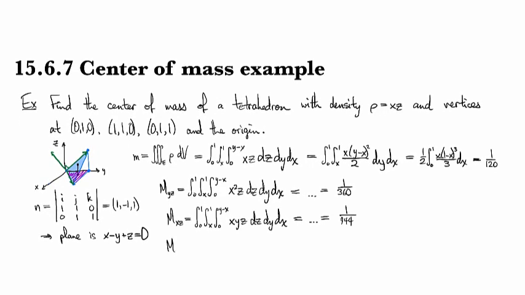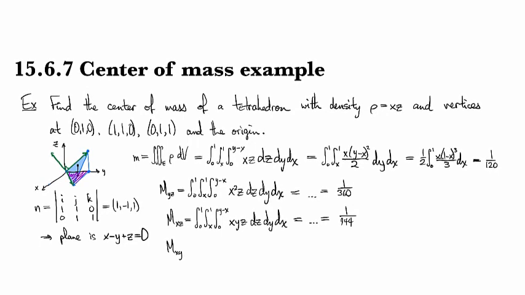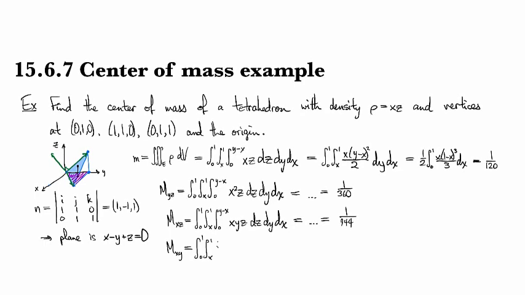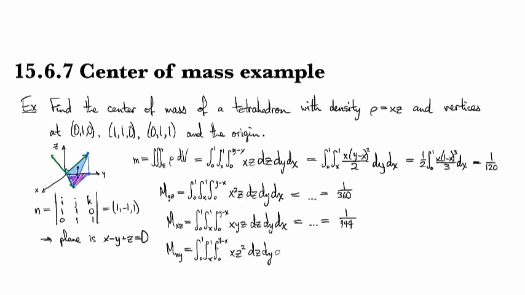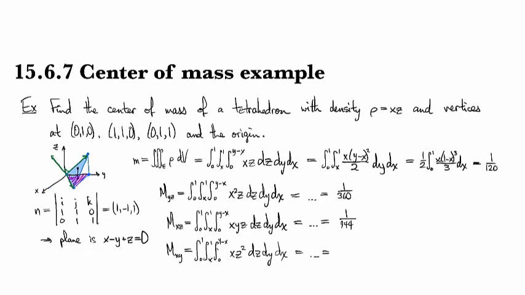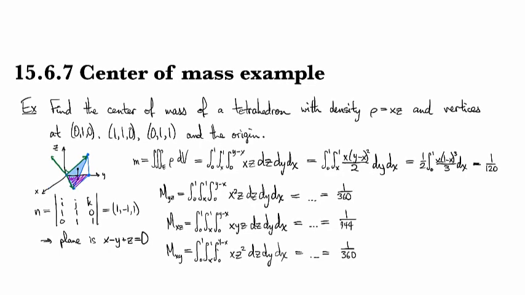And then finally mxy, our z moment, 0 to 1, x to 1, 0 to y minus x. And now we've got x z squared, dz, dy, dx. And integrating some polynomials again gives us 1 over 360.